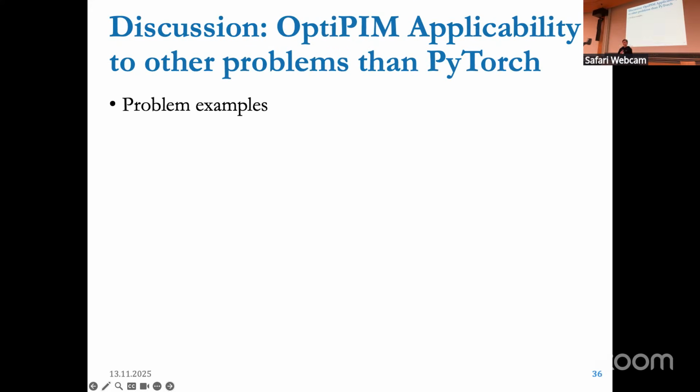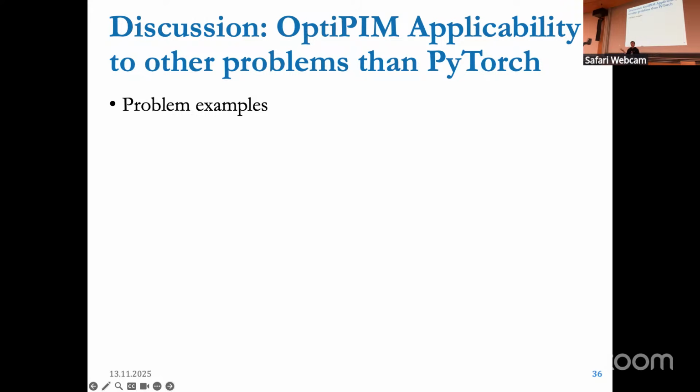And the last discussion point I would like to touch on is, can OptiPIM maybe be used for more things than only PyTorch? So I've mentioned the PyTorch MLIR dialect. PyTorch MLIR is an MLIR dialect which PyTorch can be compiled into.